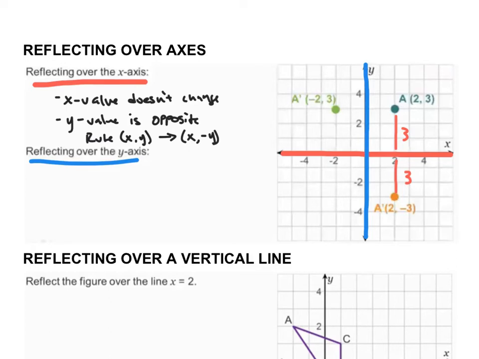And what I want you to see, to go from A to A prime, that's the reflection here, A is 2 units away from the line of reflection. A prime is also 2 units away from my line of reflection. Notice what happens with my point from A to A prime. This point is the point 2, 3, and this is the point negative 2, 3. So one thing that you notice is that the x values are opposites, but the y values don't change.